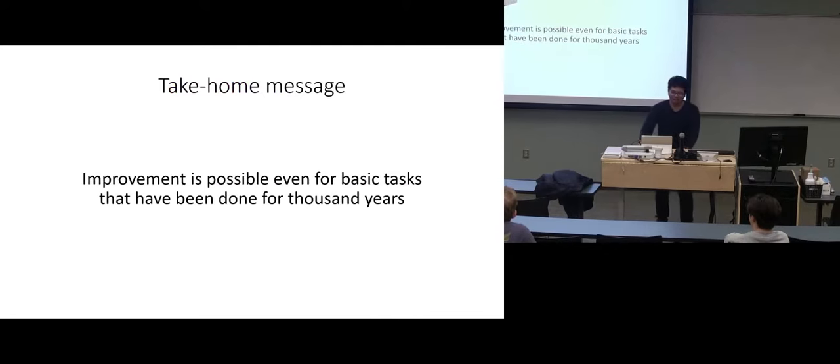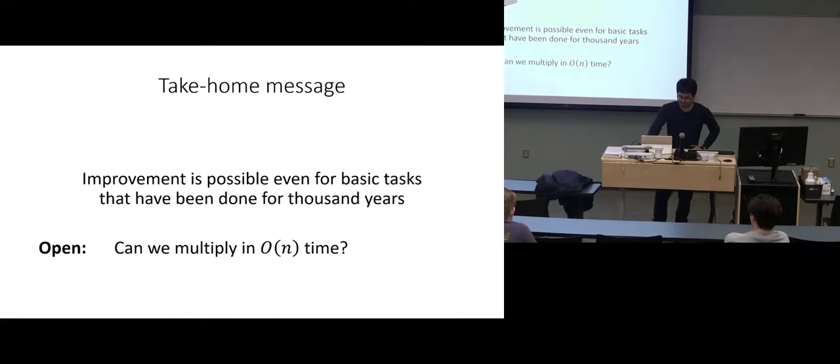But my point about multiplication is that improvement, even for super basic tasks that have been done for thousands of years, is possible if you ask that question. And the open problem that still remains is whether you can multiply two numbers in n O of n time. That's still open.